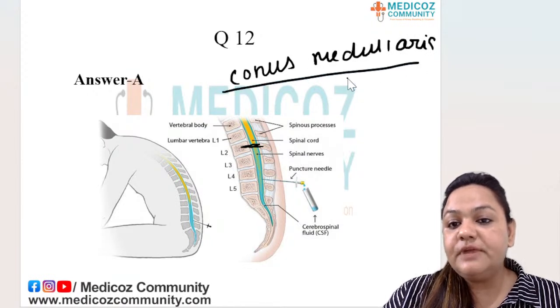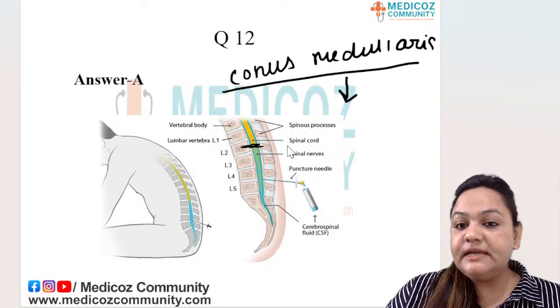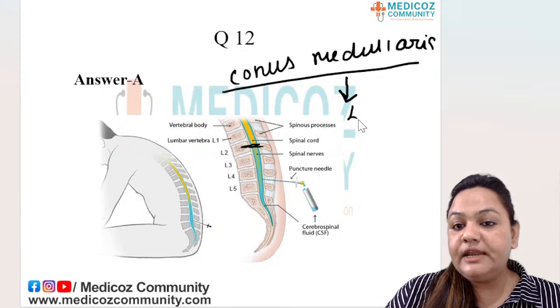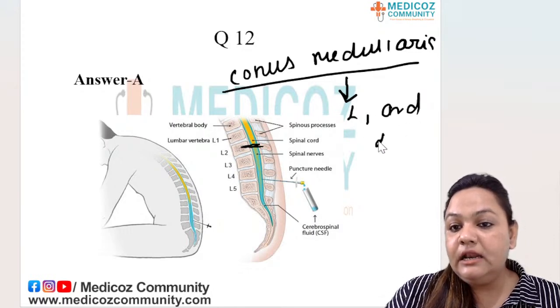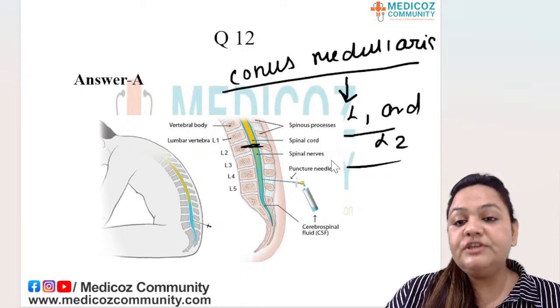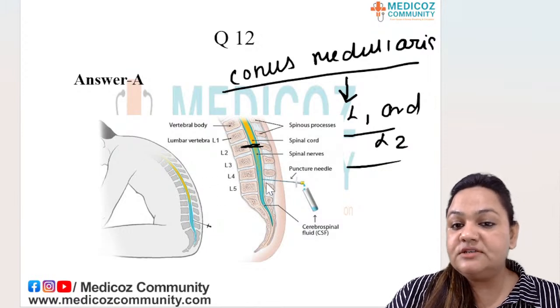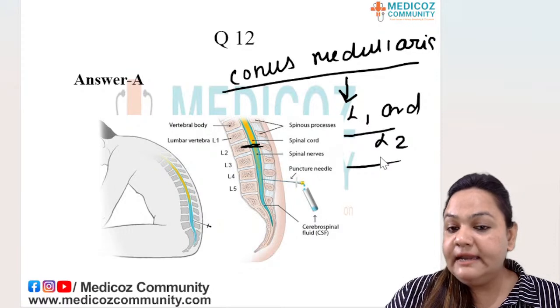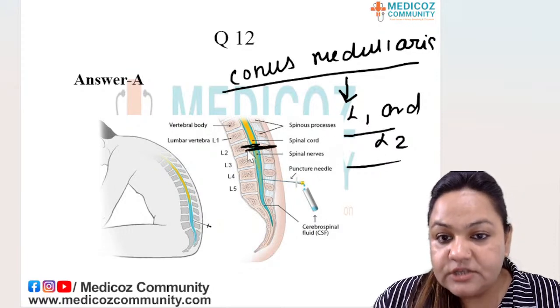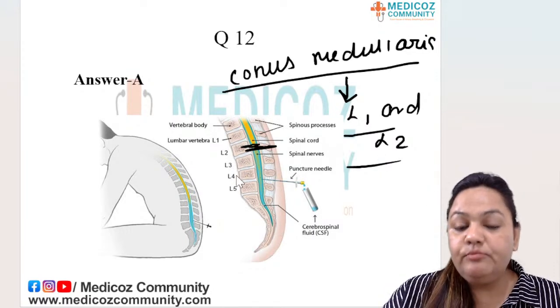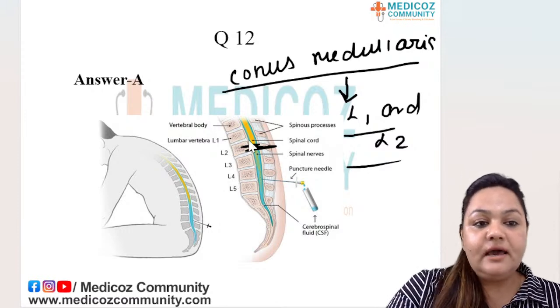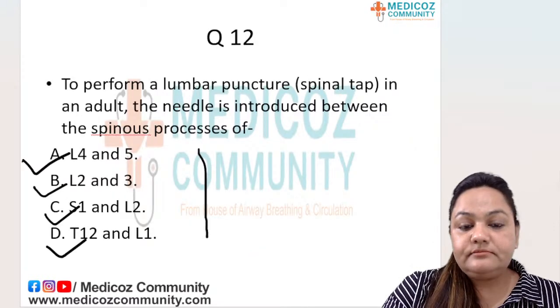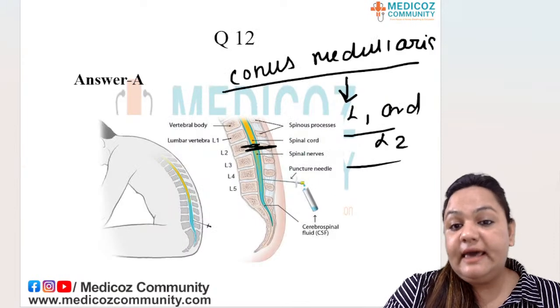This conus medullaris, in the vertebral canal, ends between L1 and L2. So we just have to take a point for insertion of the needle below L1 and L2.